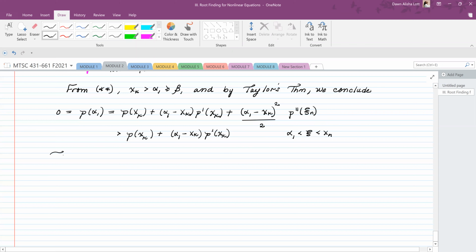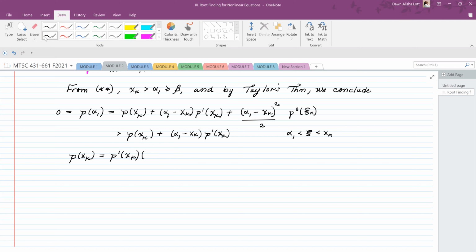Thus, we now get, so P of x_k is equal to P prime of x_k times, okay, wait a minute, I've got to get it right.